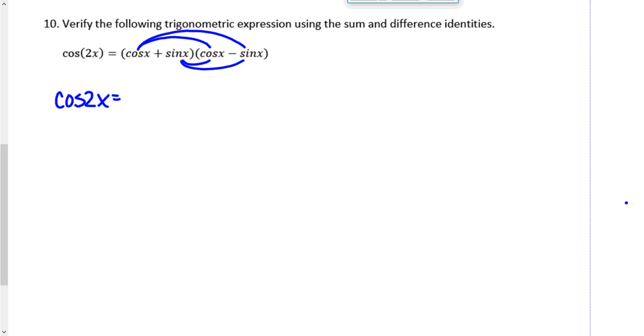Cosine x times cosine x. Cosine squared. Cosine x times negative sine x, minus cosine x times sine x. Sine x times cosine x, plus cosine x.